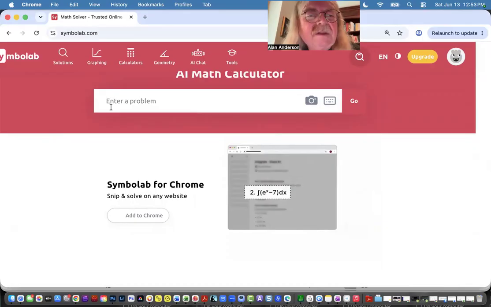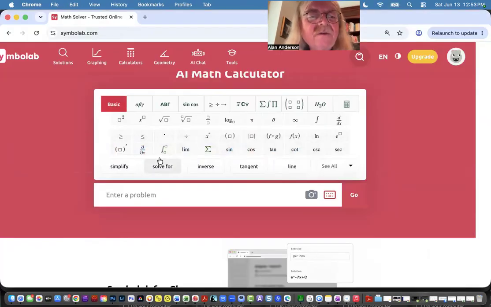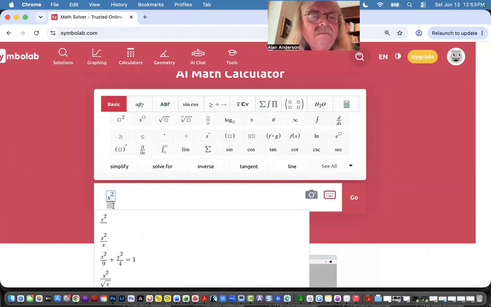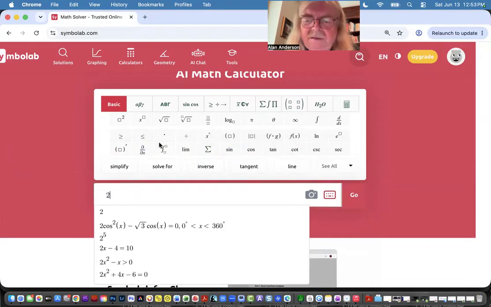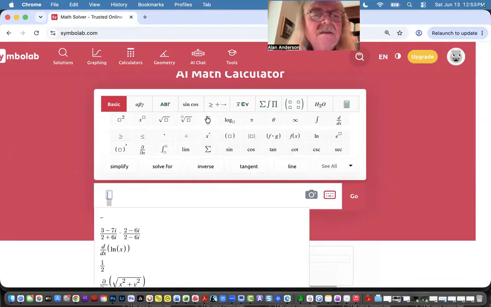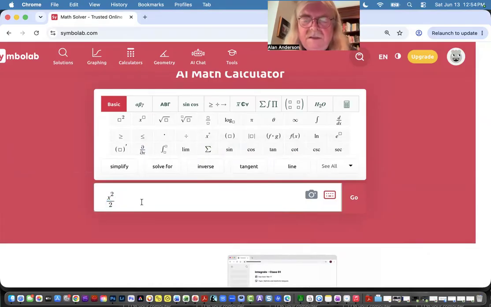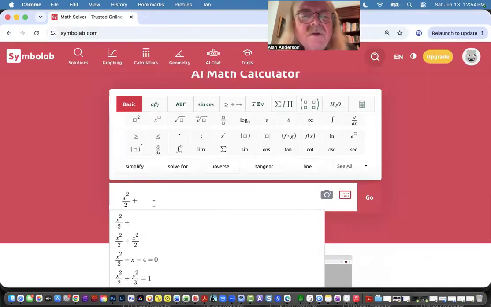Oh, what am I doing? Look at this, x squared over 2. Okay, let's try that again. y squared over 98.